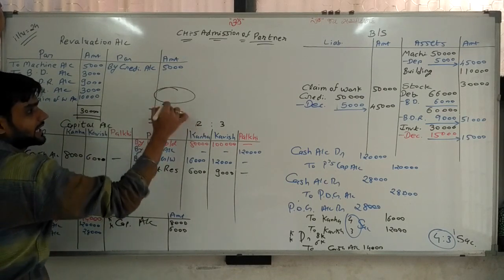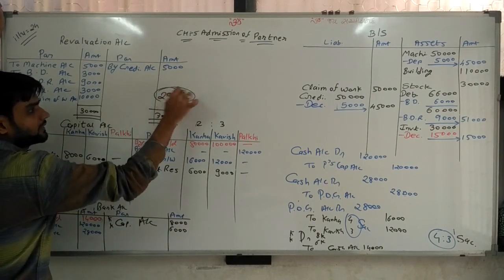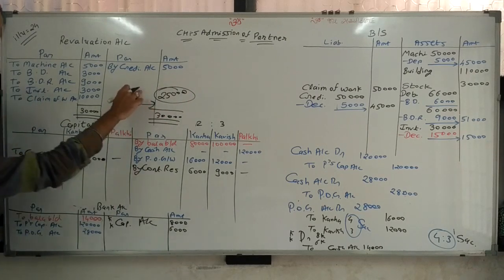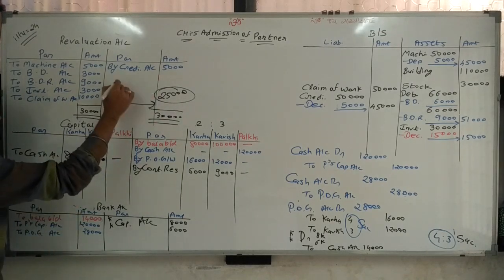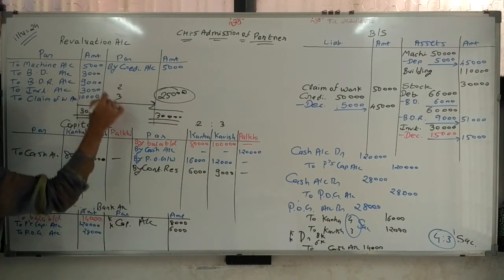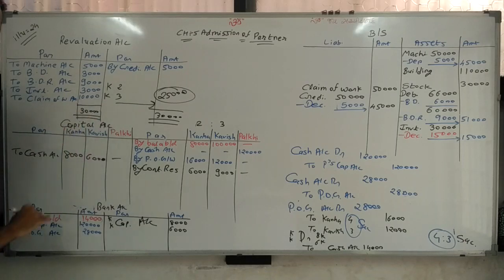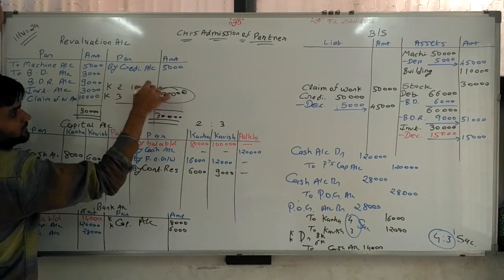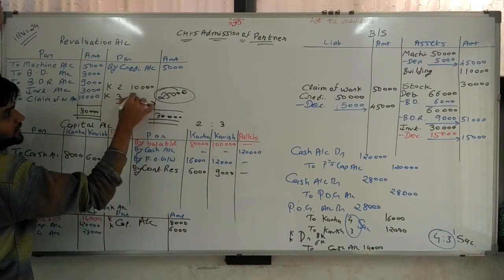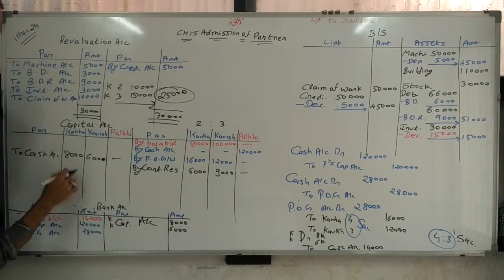Deducting 5,000, getting balance 25,000. Now this 25,000 we are distributing among the partners in 2:3 ratio. Kana and Kavisha are bearing this loss: 10,000 and 15,000.